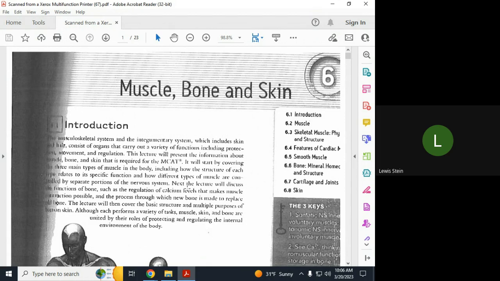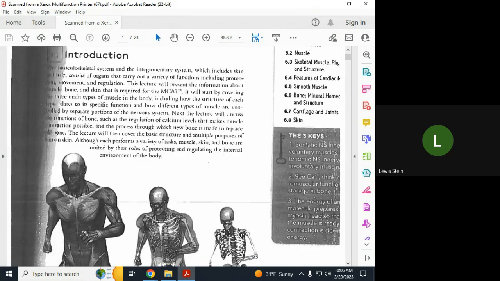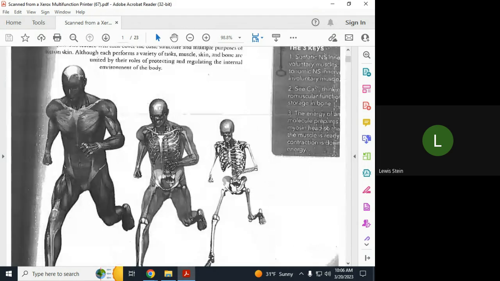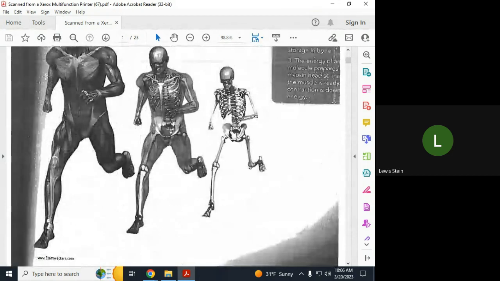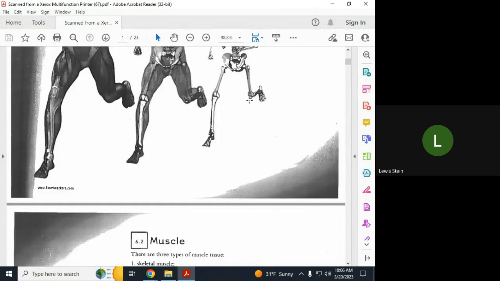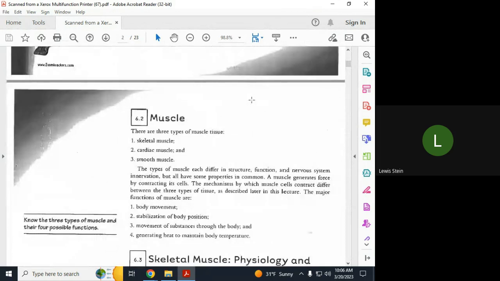I'm sure toward the end I'll probably do the respiratory and digestive unit as part of this class as well, just to reinforce it. They're showing you the various levels in muscle, then skin, and finally the skeletal system. We looked at most of this already this year in physiology, so it should function as a good review.